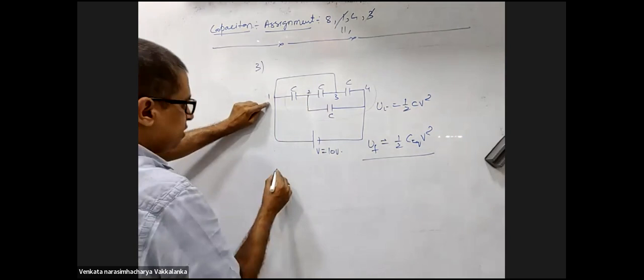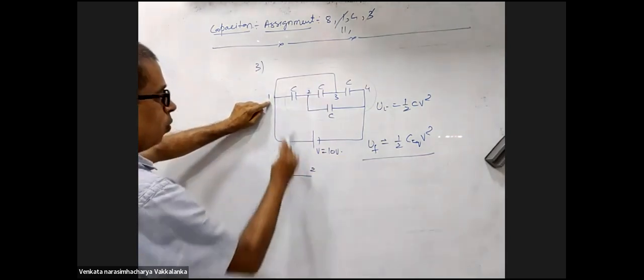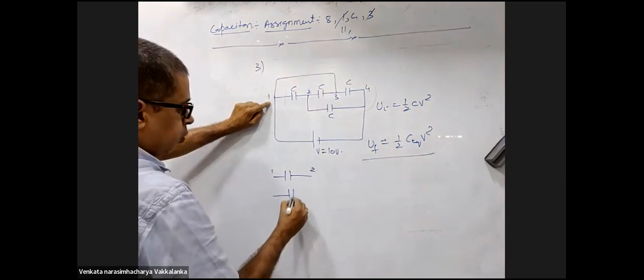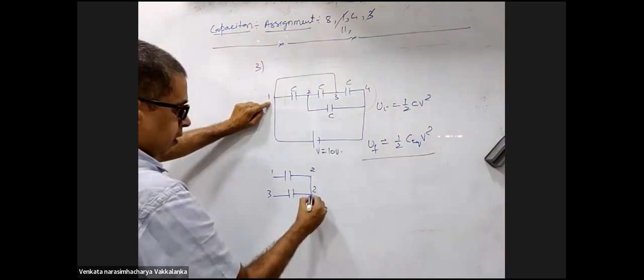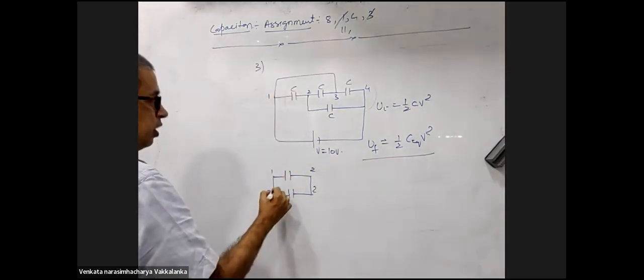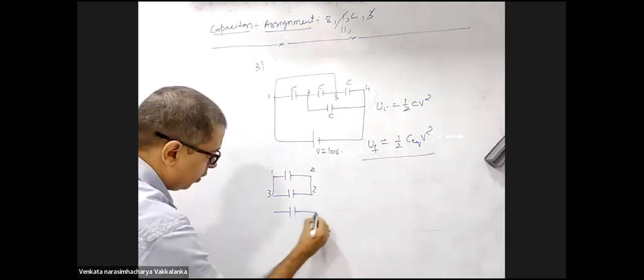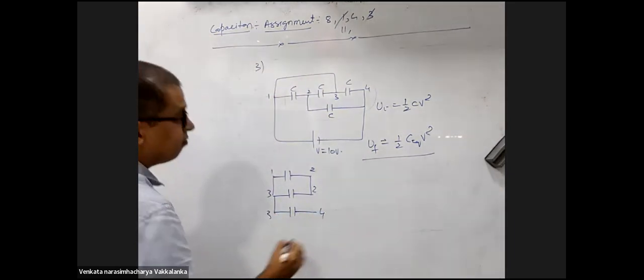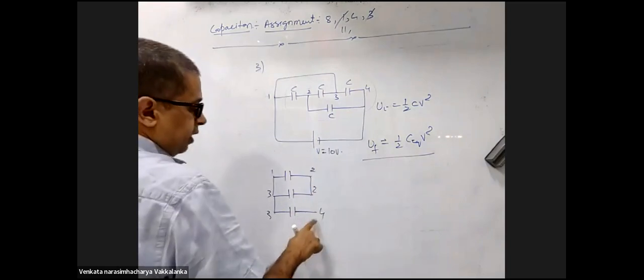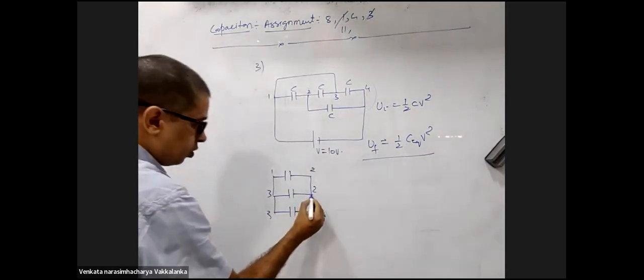Right. Rearrange this. This is 1 and 2. Right. 2 and 3. You connected this. Now 1 is connected to 3. Now 3 and 4, you have one capacitor. Now 2 and 4, also that's a capacitor.